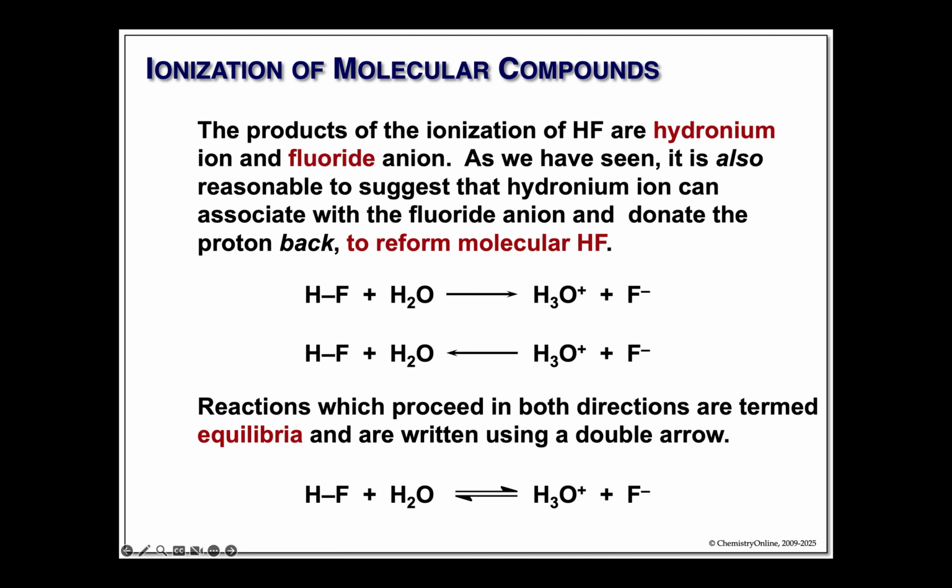We use a special double arrow to indicate the equilibrium here. What this tells us is that HF and water are giving hydronium and fluoride very, very rapidly, and reversibly. You make it and you go back.